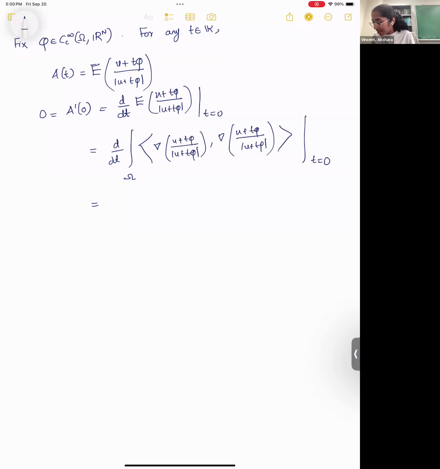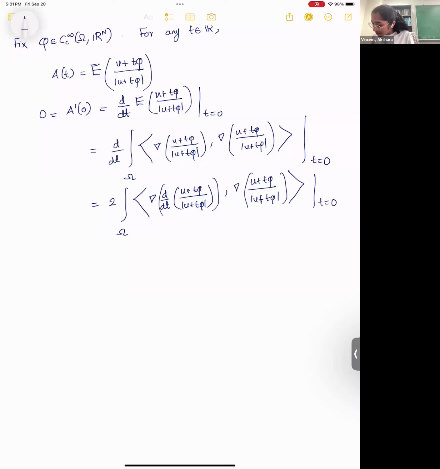We can take the derivative inside, and as before we get the integral over omega, and then we interchange the derivative. So we get d by dt of (u plus t phi) divided by mod (u plus t phi), times gradient of (u plus t phi) divided by mod (u plus t phi), evaluated at t equal to 0.